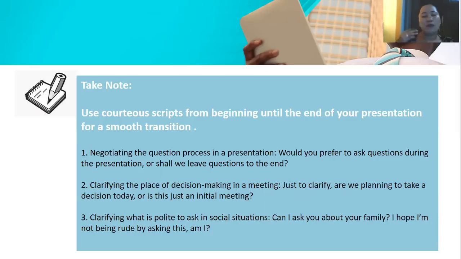So in my experience, it is very common that the presenter would prefer having the questions right after the presentation, perhaps in order to avoid misleading the topic, because there are tendencies that the audience would be asking a lot of questions outside of the topic, and the speaker might be fascinated to answer all those questions, and then the speaker might lose his focus on the main topic of that presentation.